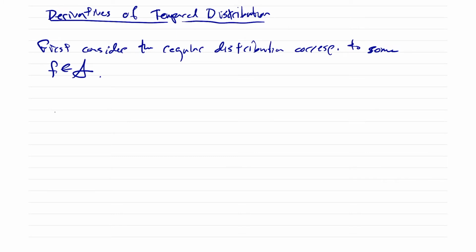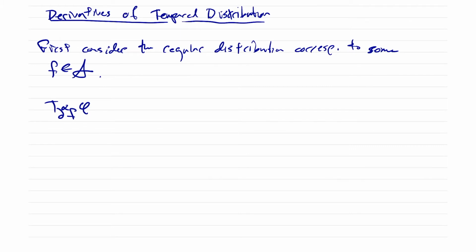Then if you take the derivative with respect to alpha, for some multi-index, of T_f and hit it against phi, that's going to be another regular distribution, because we know that derivatives send Schwartz space functions to Schwartz space functions.